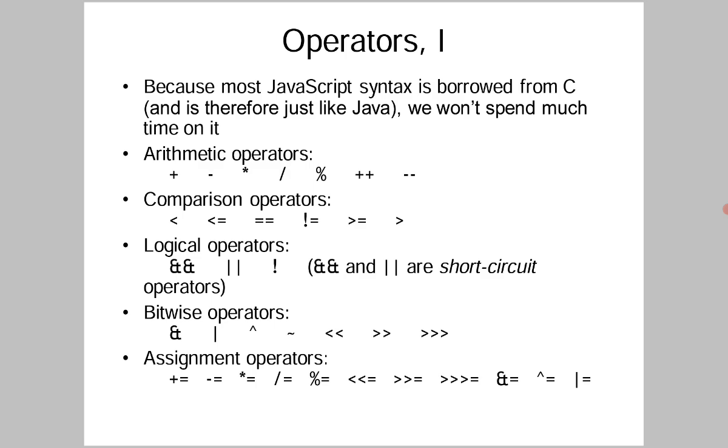Bitwise operators are generally ampersand, vertical bar, caret symbol, tilde, left shift, right shift, like that. Assignment operators are like plus equals, minus equals, star equals, slash equals, percentage equals, and like that.